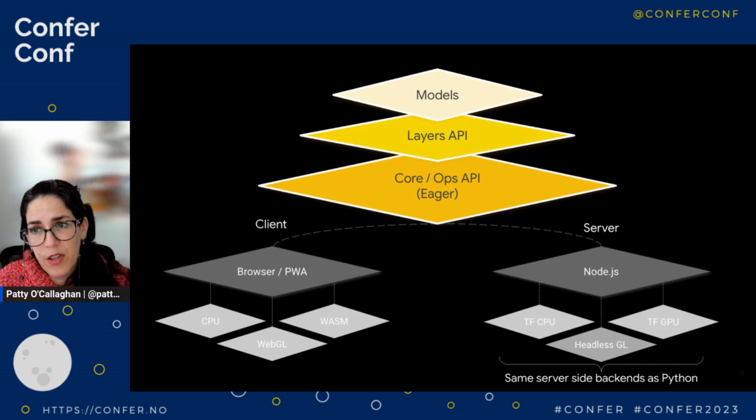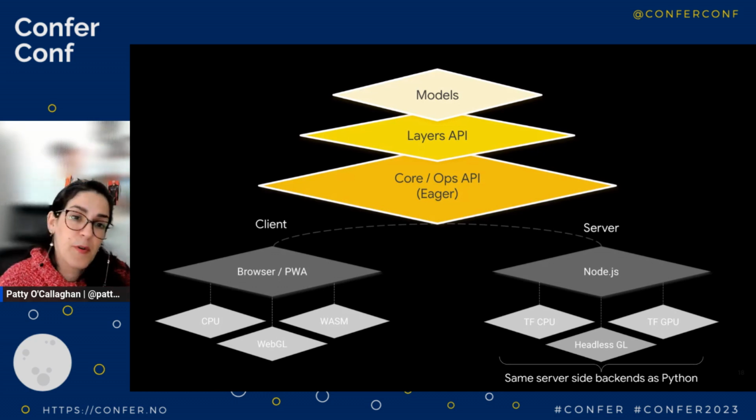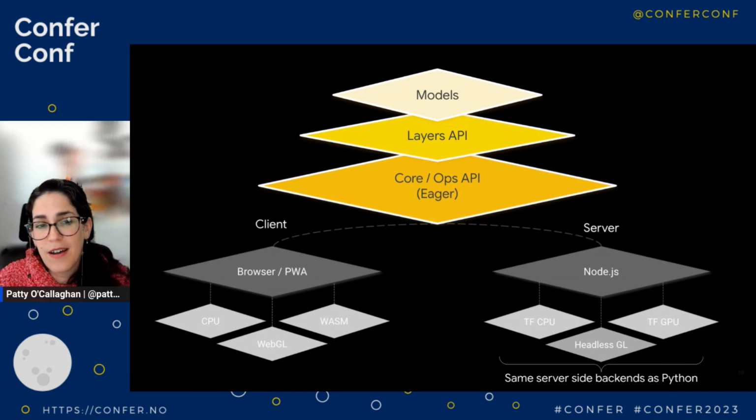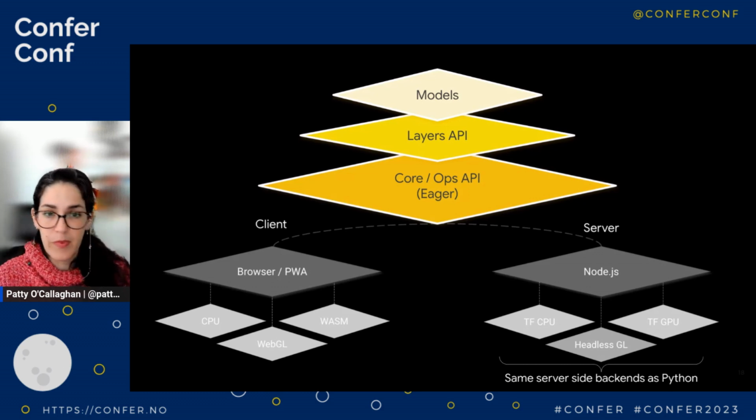So TensorFlow running on Node.js will have the same inference performance as Python. And some people say that it can be even faster because of the just-in-time compiler of JavaScript. So yeah, that's pretty interesting.